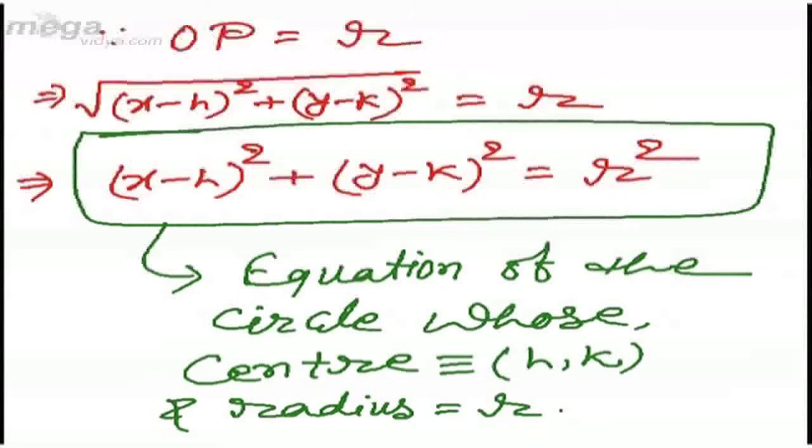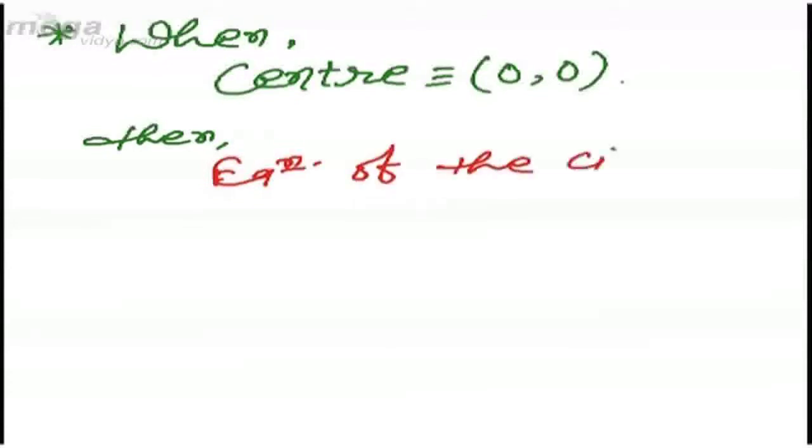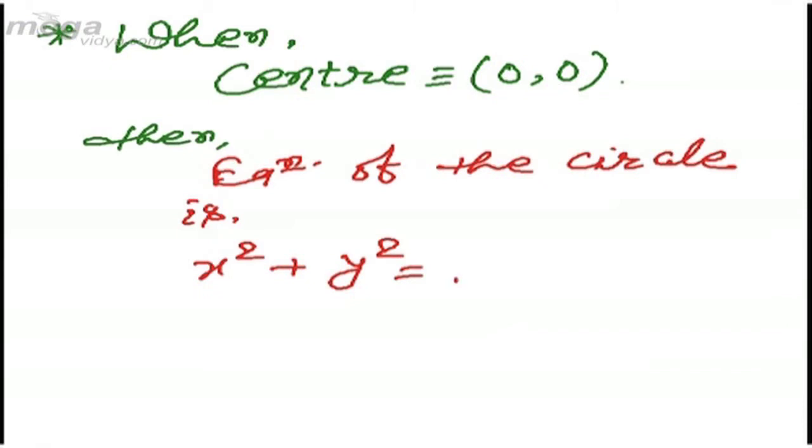So it becomes x minus 0 whole square, that is x square, plus y minus 0 whole square, that is y square, and hence the final equation becomes x square plus y square is equal to r square. So the equation of the circle is x square plus y square is equal to r square.